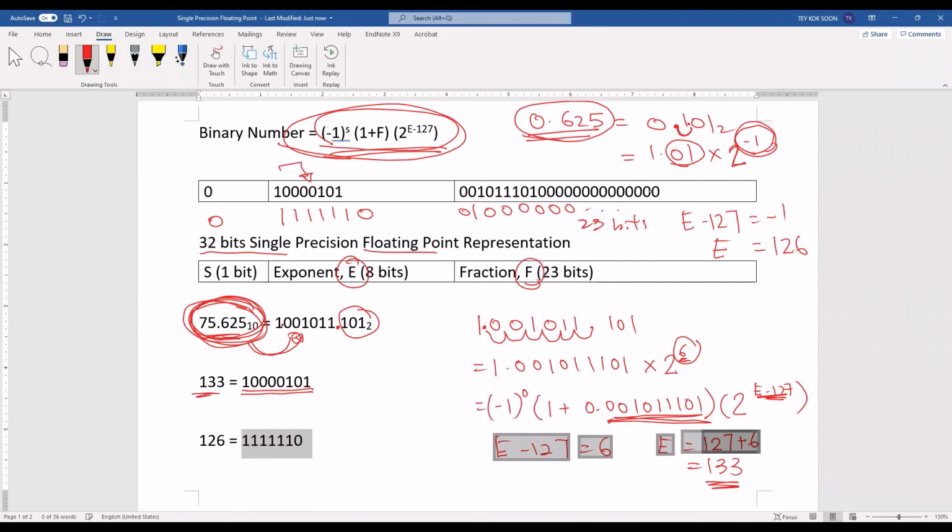Then, in binary form, convert it into this format, which is 1 point something multiplied by 2 to the power of something. Then you only need to convert the e, and you fill the fraction into the 23 bits here. Okay, so I think this is all we want to show on the conversion of decimal to 32-bit single precision floating point.